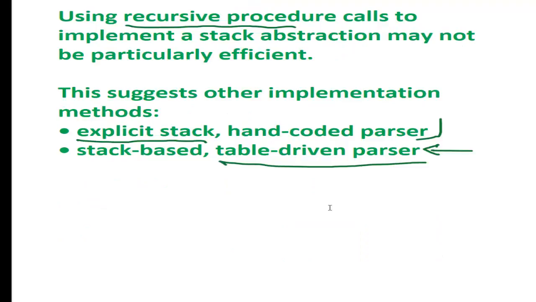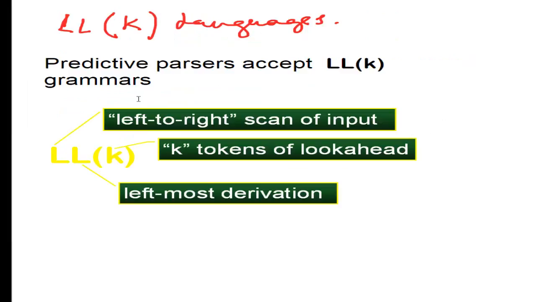To use this predictive parser, it is going to accept LLK languages, so the predictive parser accepts LLK grammars. What are the L, L and K? The first L is the left-to-right scan of input, which we were doing right from the beginning, the second L is the leftmost derivation, which we also know, and K is the number of tokens of look ahead.